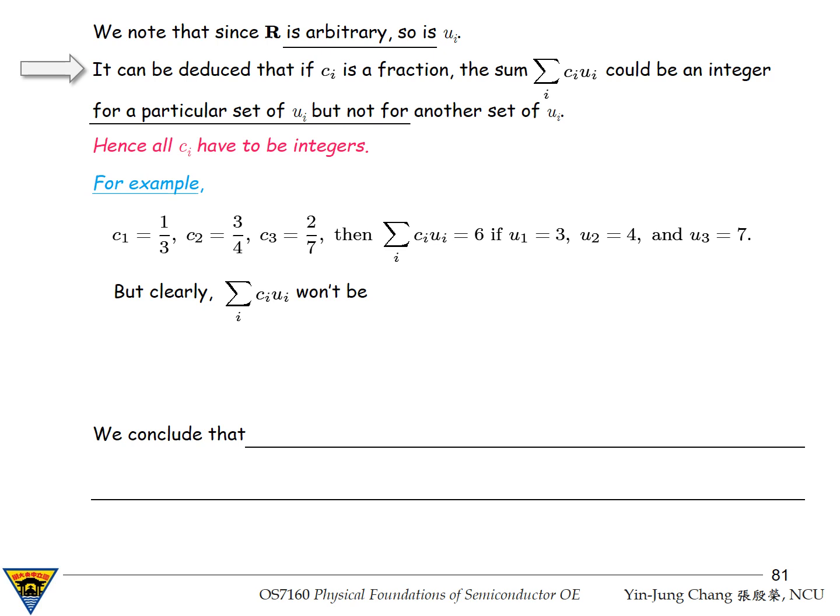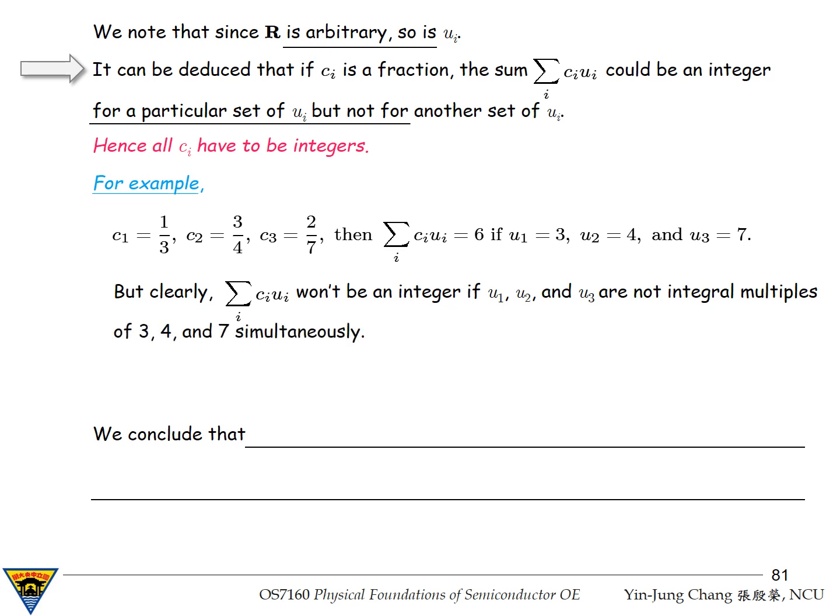Apparently, the sum over i of c_i u_i won't be an integer if u1, u2, and u3 are not integral multiples of 3, 4, and 7 simultaneously. So if we choose a different set of integers u1, u2, and u3, the sum will generally not remain an integer.